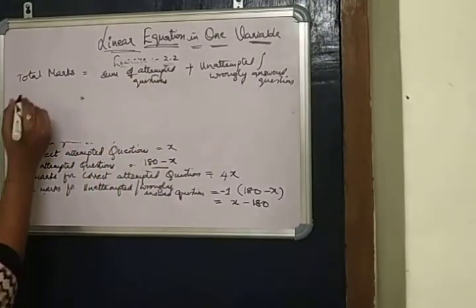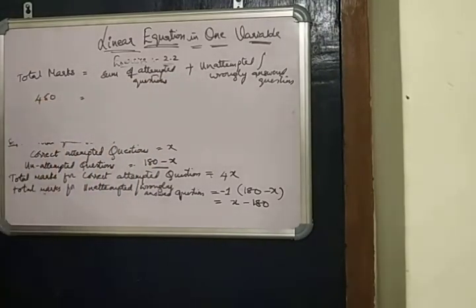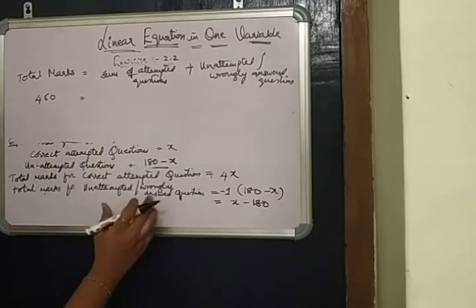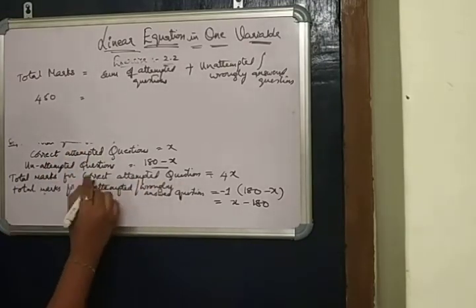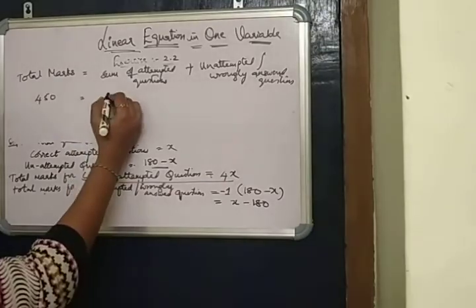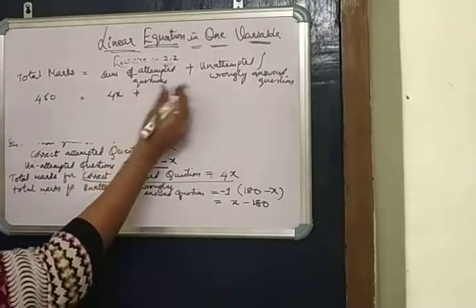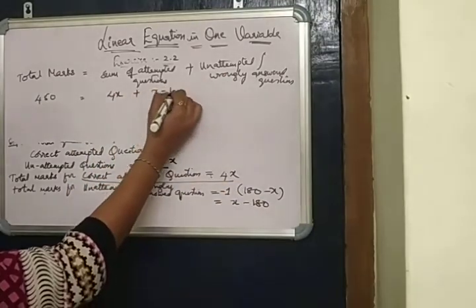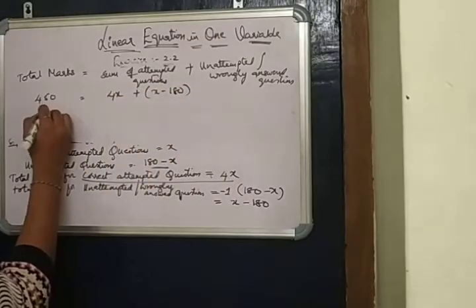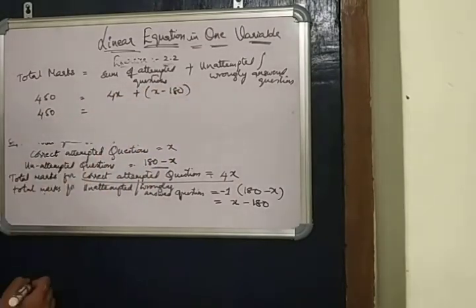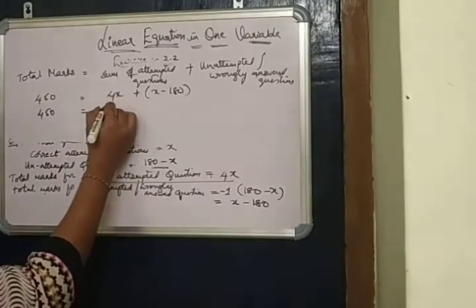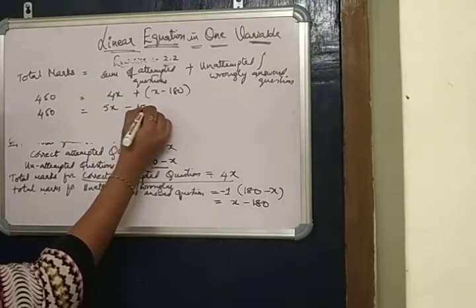We know the total marks is 450, equal to the sum of correctly attempted questions 4x plus unattempted, x minus 180. Let us simplify it. 450 is equal to 4x plus x, which is 5x, minus 180.